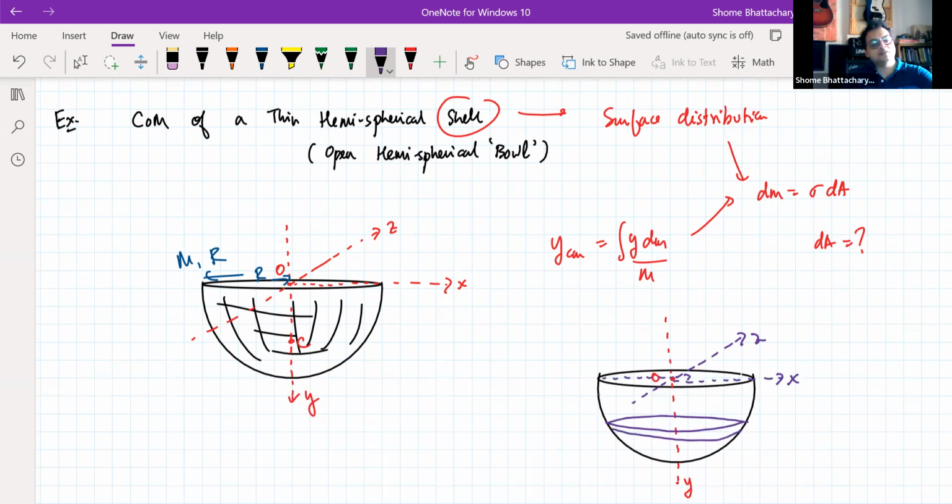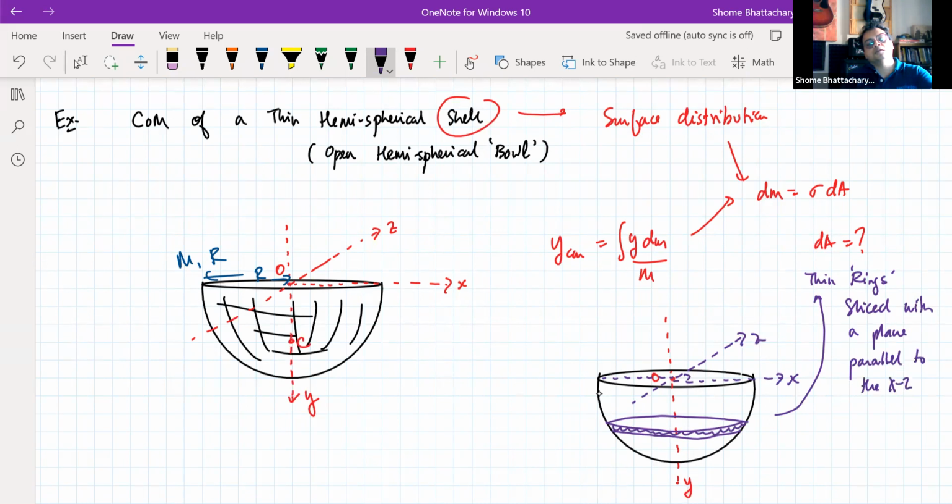So this should become our differential element. So this dA should be thin rings sliced by a plane parallel to the XZ plane.